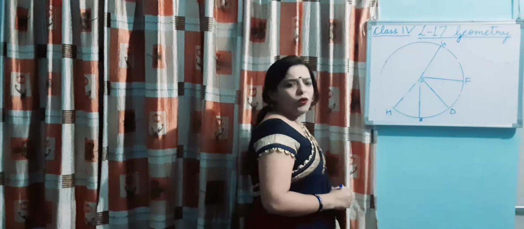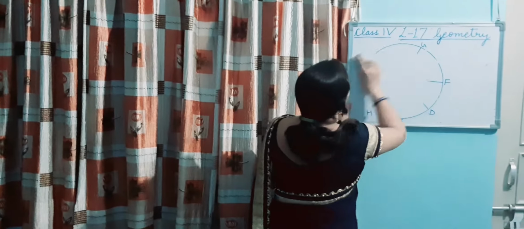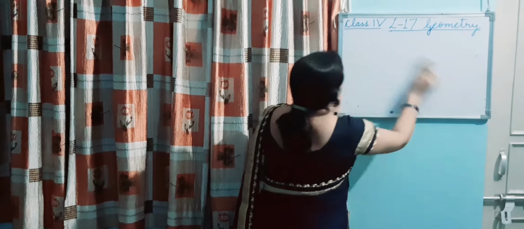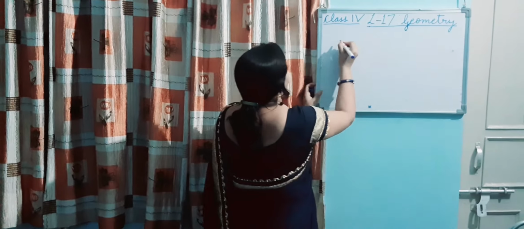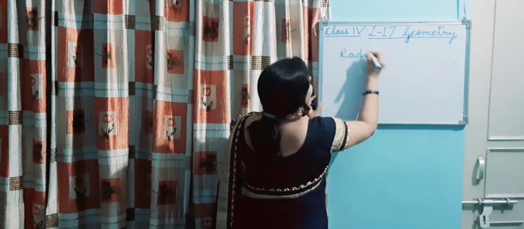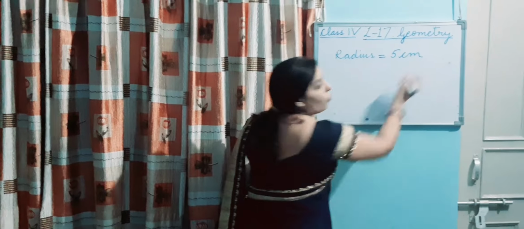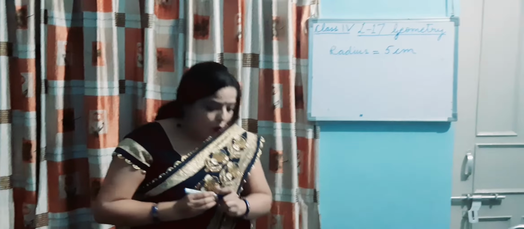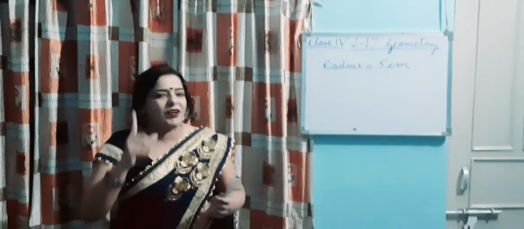Suppose I say that the radius of a circle is 5 centimeter. What will be the diameter? You all know that 2 radii will make 1 diameter.